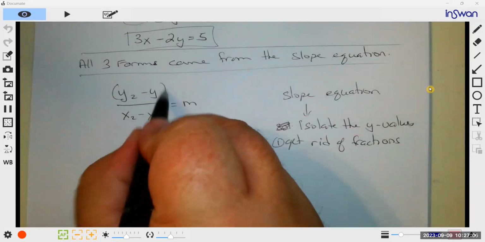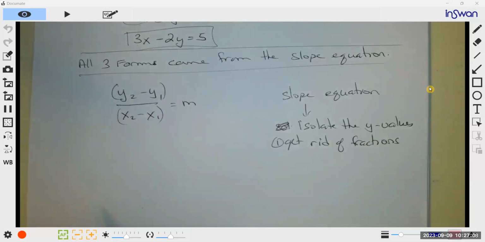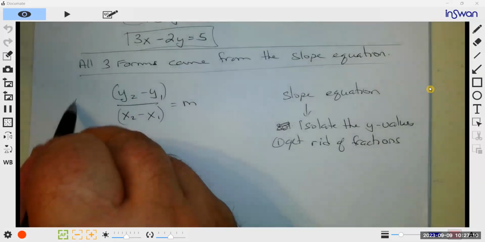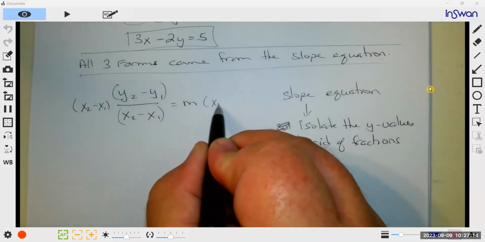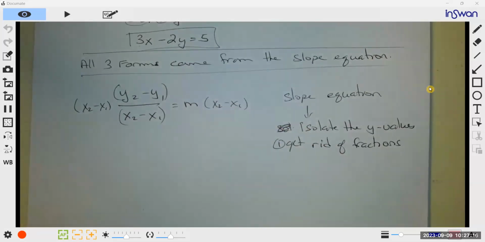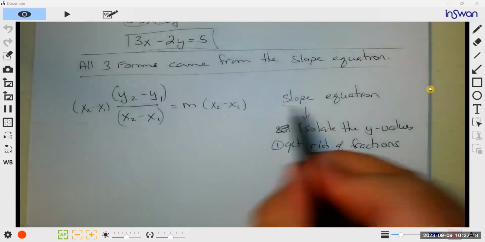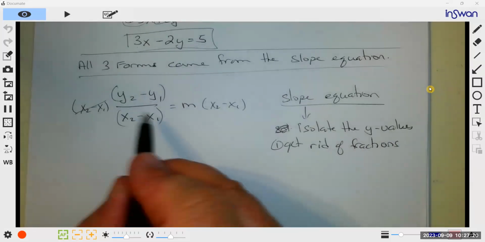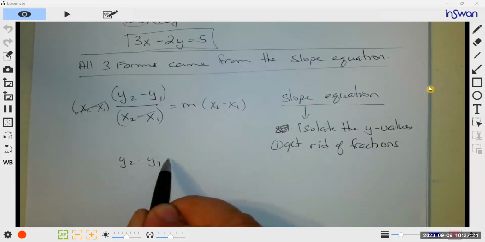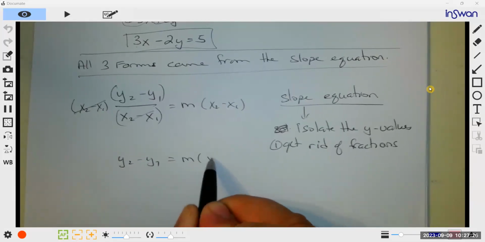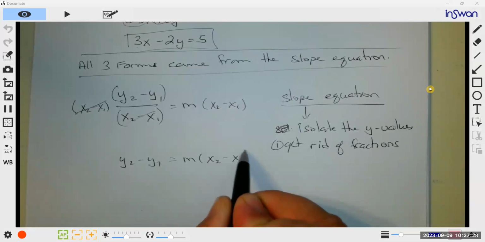How do we do that? By multiplying by the denominator. Whatever the denominator is, multiply both sides by it. So this and this cancel. So we get y2 minus y1 equals m times x2 minus x1.